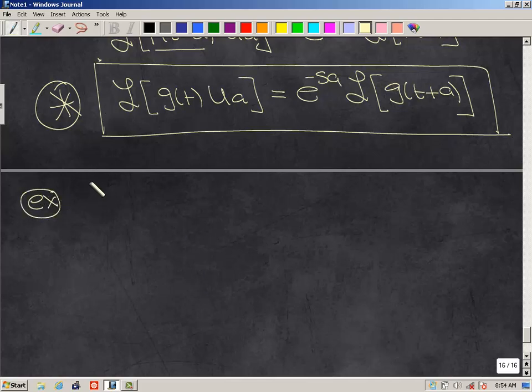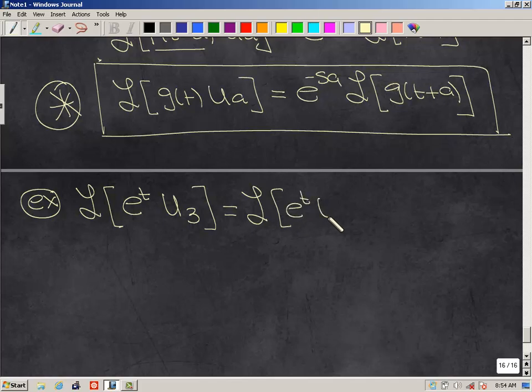So let's say I give you this: find the Laplace of e to the t times u of 3. Or another way to say this is, find the Laplace of e to the t times u of t minus 3.